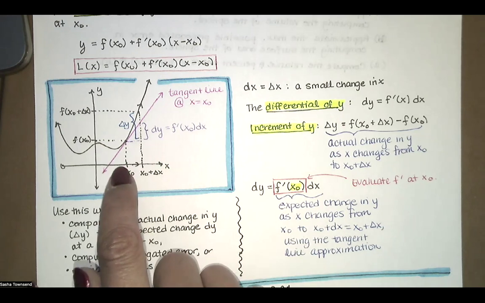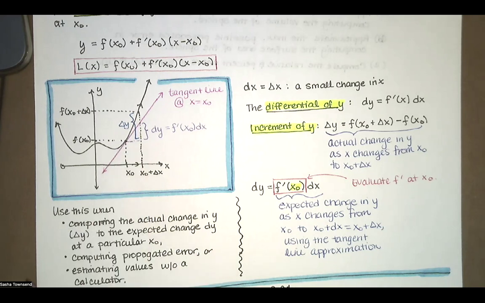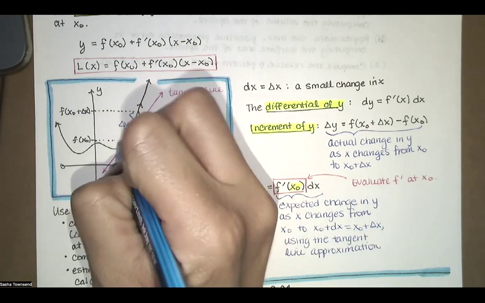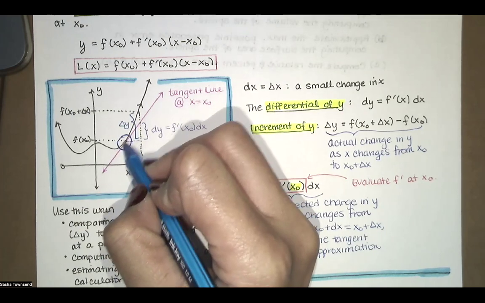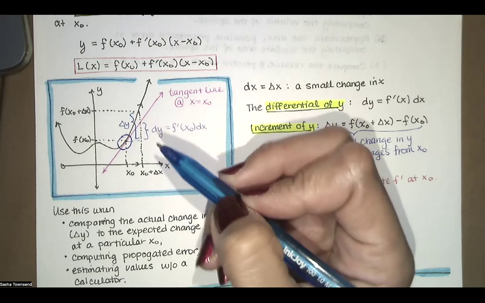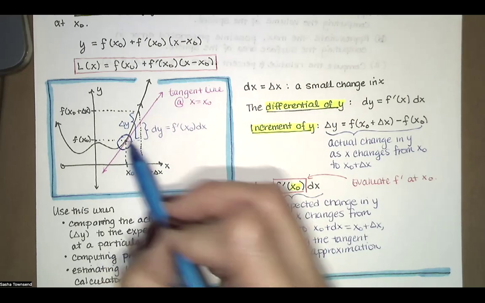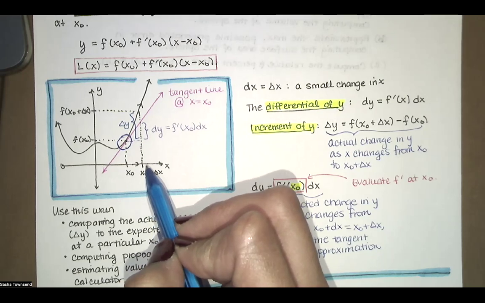Now, if I stay close to x naught, that tangent line and the function itself almost coincide. If we zoom in a lot at this particular location, the difference between the black curve and the pink line is almost indistinguishable.